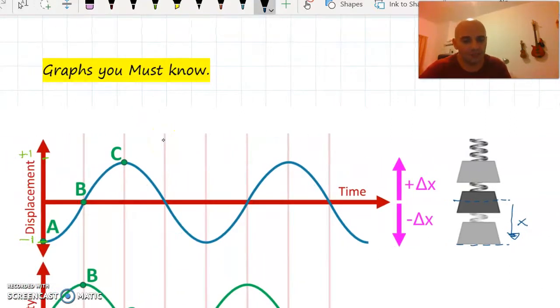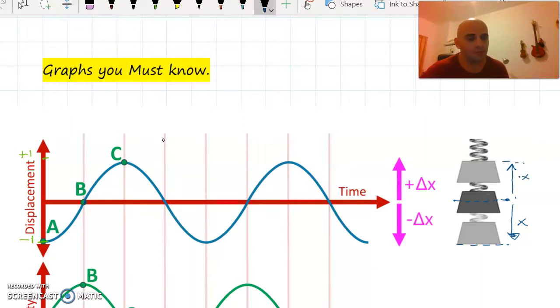Over time, this goes up. Then it gets to the equilibrium position. The displacement goes to 0 at B. Then it goes all the way up this way, and it gets to a maximum positive displacement.